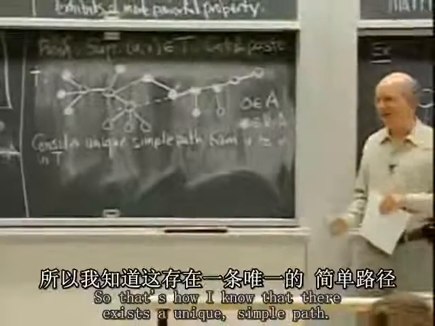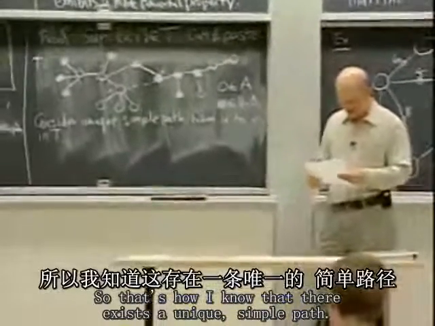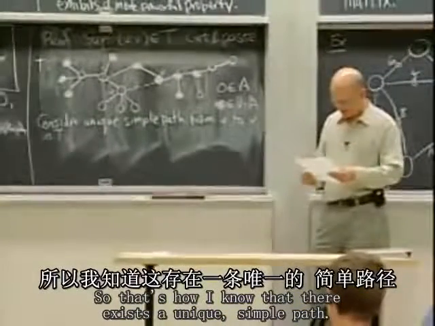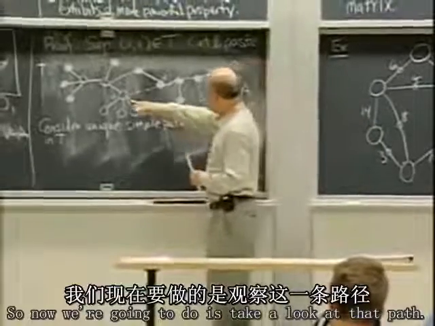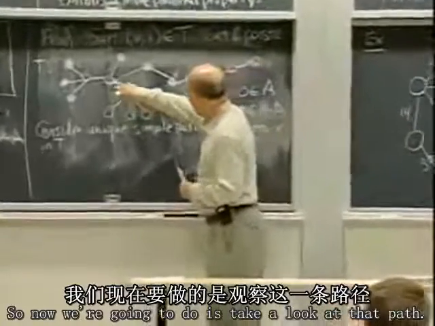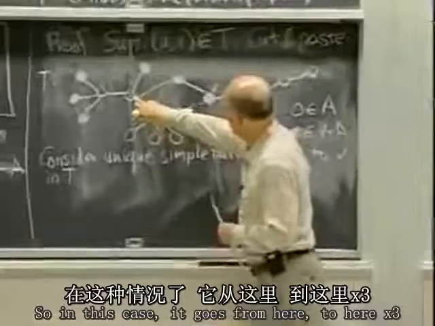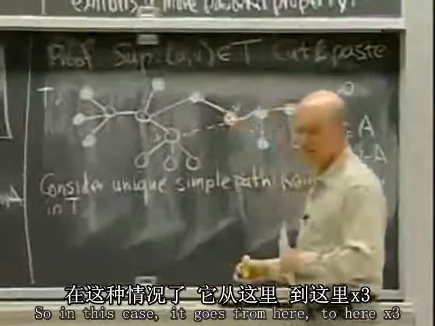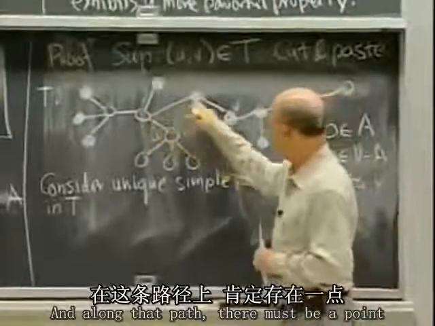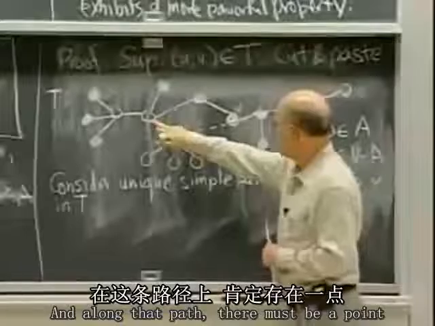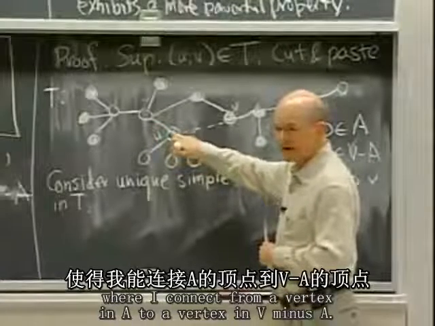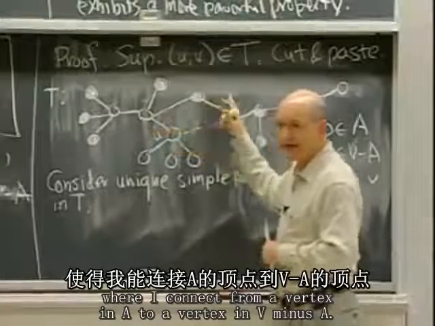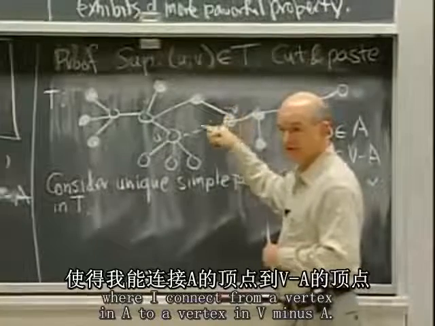So that's how I know that there exists a unique simple path. Now let's take a look at that path. In this case, it goes from here to here to here to here. And along that path, there must be a point where I connect from a vertex in A to a vertex in V minus A. Why?